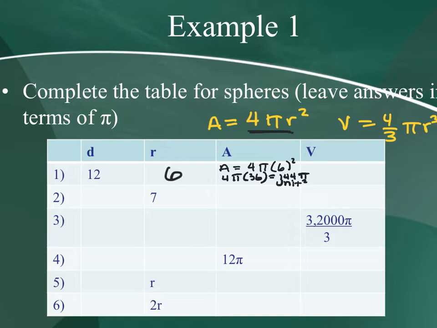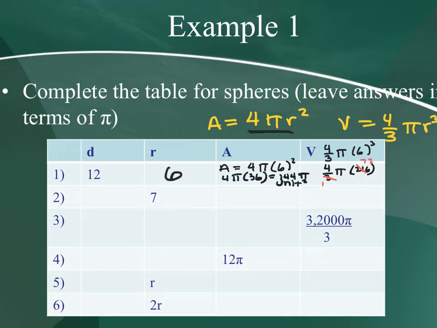Now for the volume, we're going to do 4/3 pi times 6 cubed. 6 cubed is 216. I can simplify the 3 and the 216. 3 actually goes into 216 72 times.